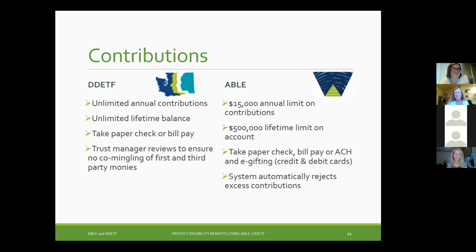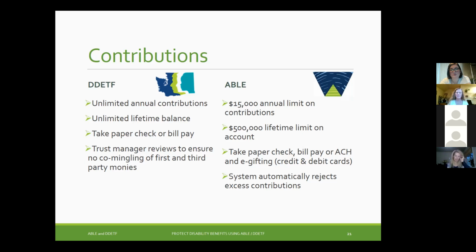And one of the reasons we do that is we try not to allow any commingling of first and third party monies. You remember, third party money is mom and dad's money. And so we never want the beneficiary's money to be deposited into mom and dad's account, because that essentially could break down the walls of the trust and turn mom and dad's money into a first party trust.